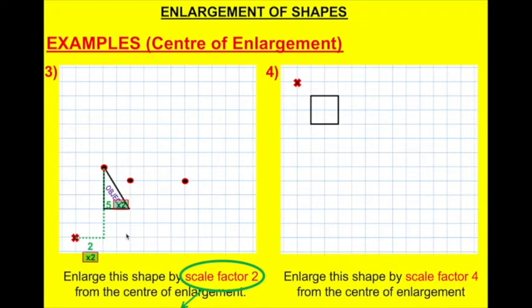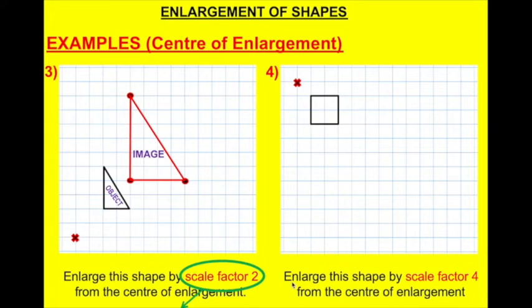That becomes 4 units to the right and 10 units up. There you go. So that's the point on the image. And we can draw the triangle like so. So this is the image, and you do the same thing to the square here.